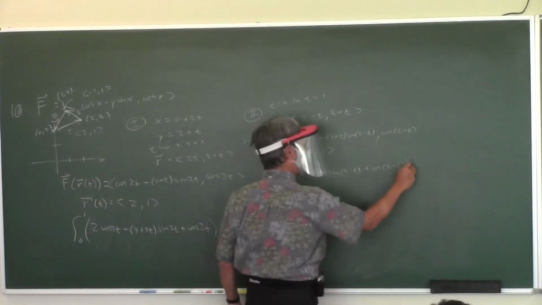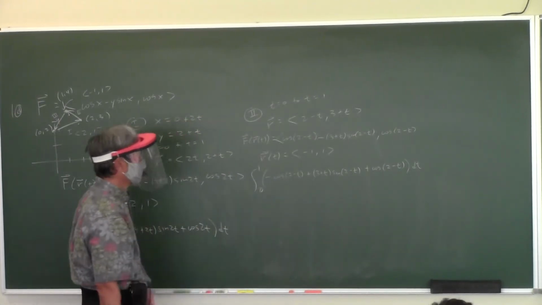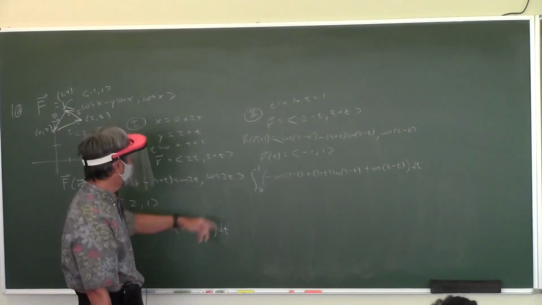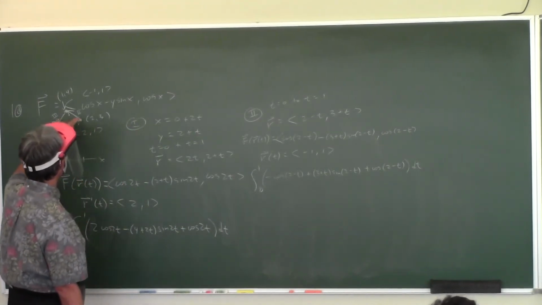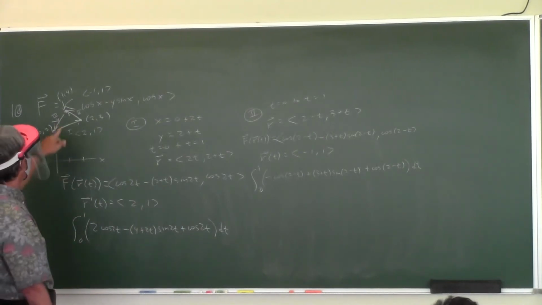And we're going to integrate that with respect to t from 0 to 1. That will give us the work done from here to here. Now we just got to do one more path.